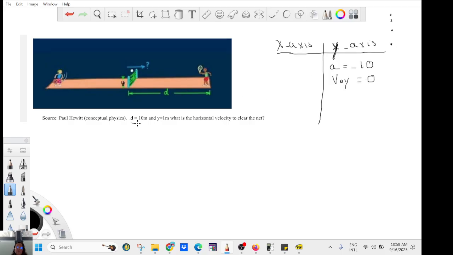What else do you know? Displacement, very good. Delta y is -1. Okay, we have to be careful with the x, y. So that's going to be negative. I'm going to put 1 because that's pointing down. Agree?